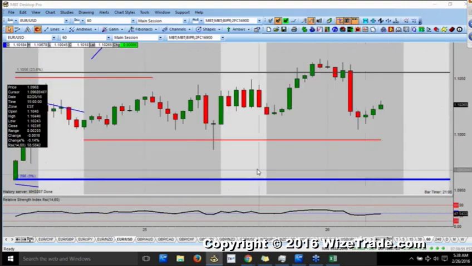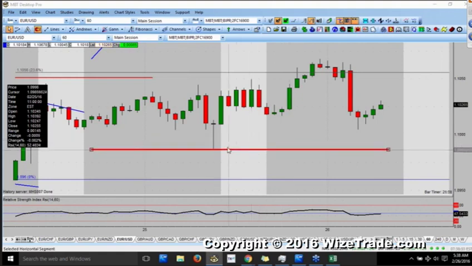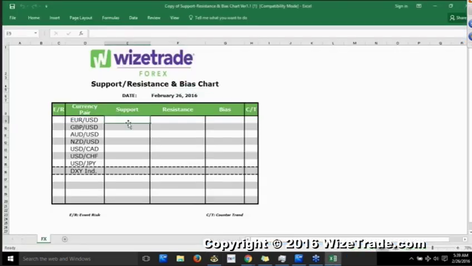But anyway, what to do with the euro dollar right now? I would say that we've got the support here at 109.85, and then we have resistance here at 110.65, and I think we just have to see if it's going to try to make a move to the upside. If not, there's not a whole lot of downside here.